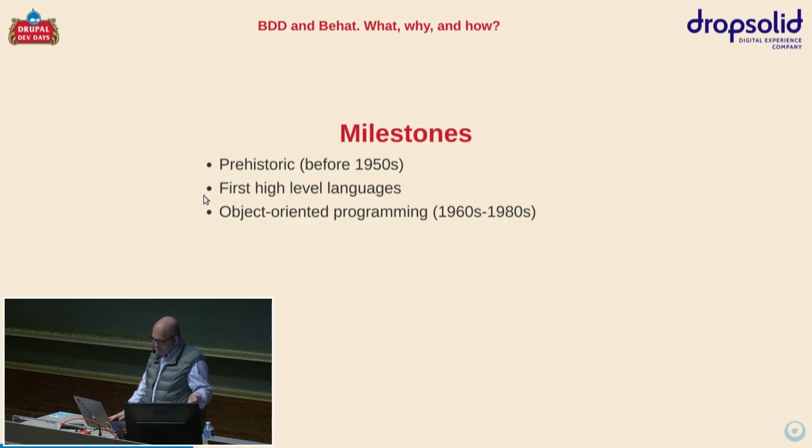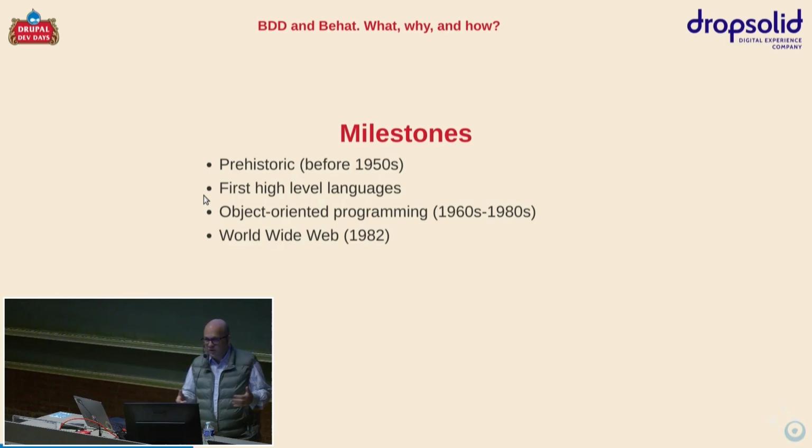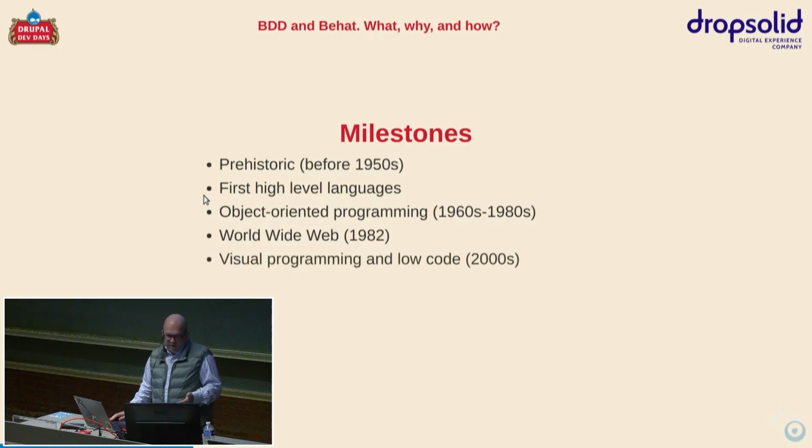A little bit later, we had object-oriented programming, and the World Wide Web helped us write code by giving us quick access to all the information about how to write it. Then we got visual programming and low code.